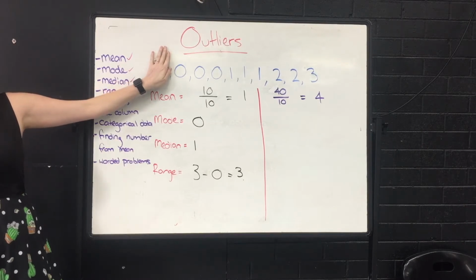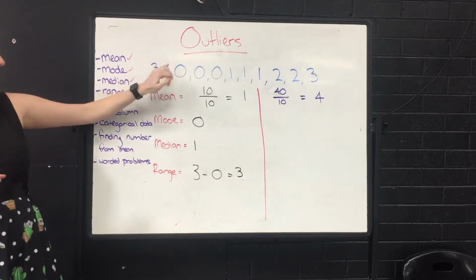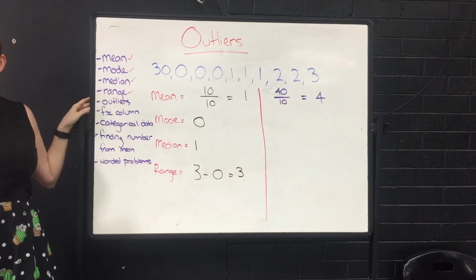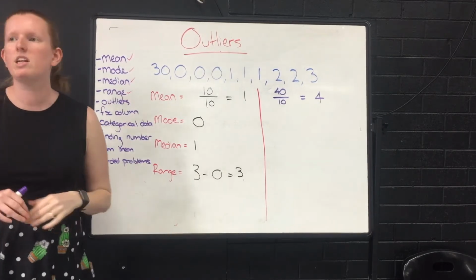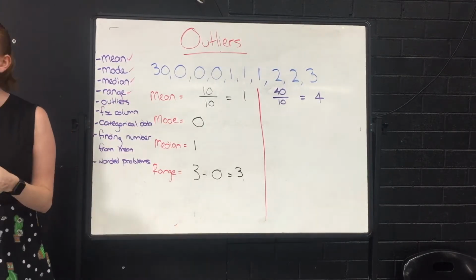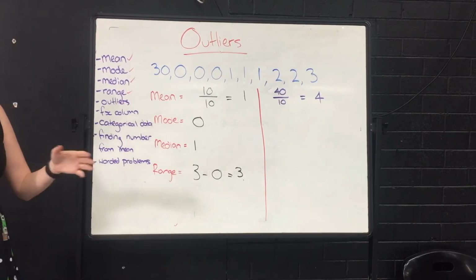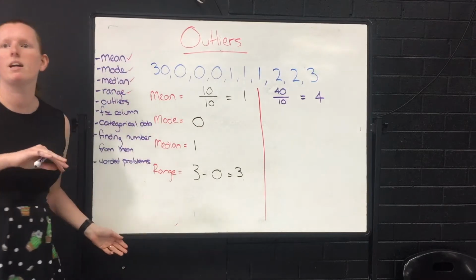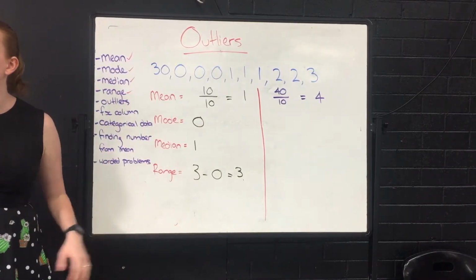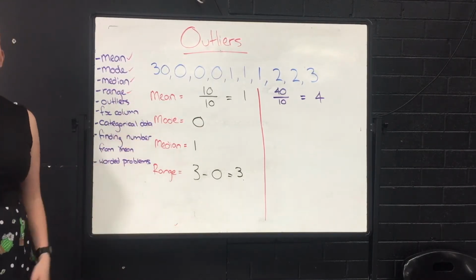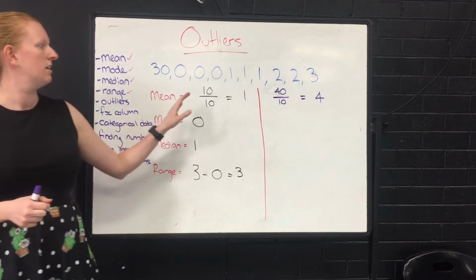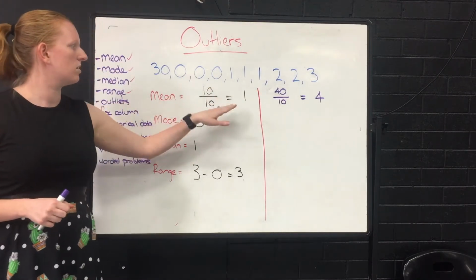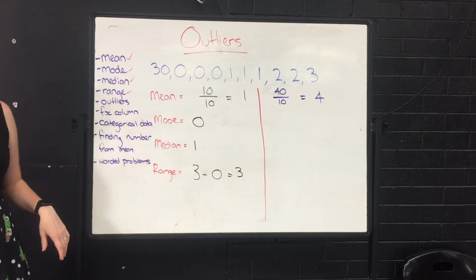Not a single person that I interviewed had 4 pets, except for old mate who's got 30. So it's really changed the results of my mean. Because now, it makes it seem like the everyday person, the majority of us, have 4 pets. When in actual fact, it's more like 1. Cool.